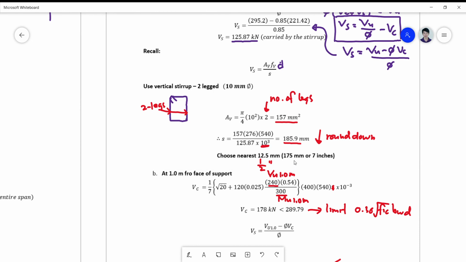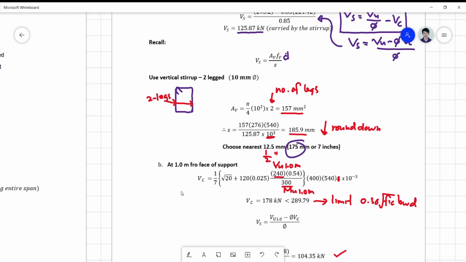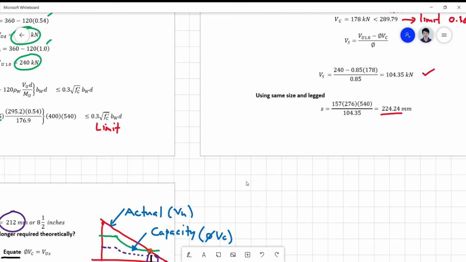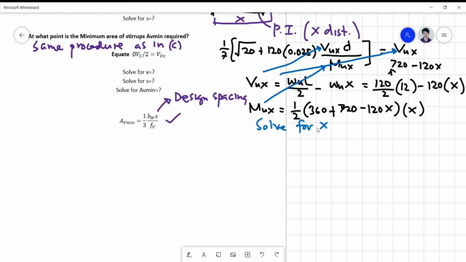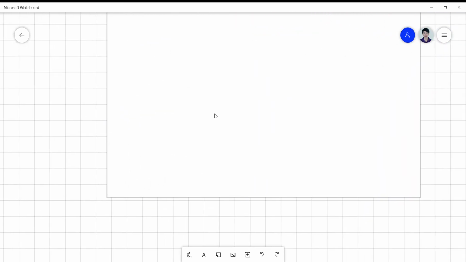Okay, so 212 and 175, for the AV minimum requirement. Now for the maximum S max, I think it's not included in this lecture.